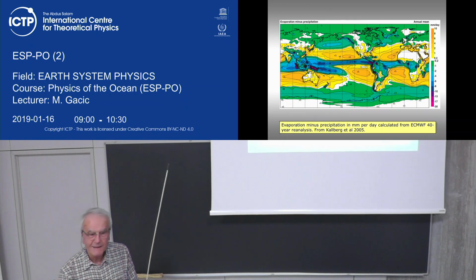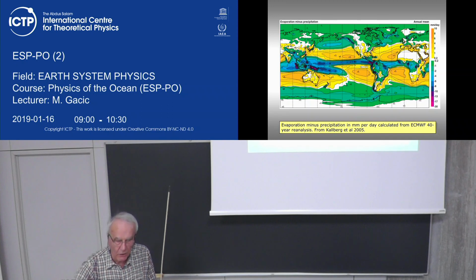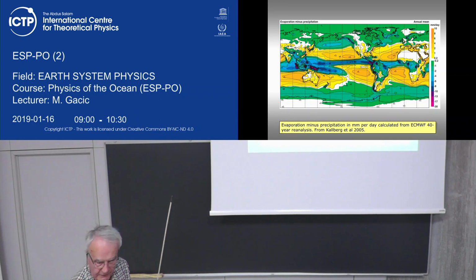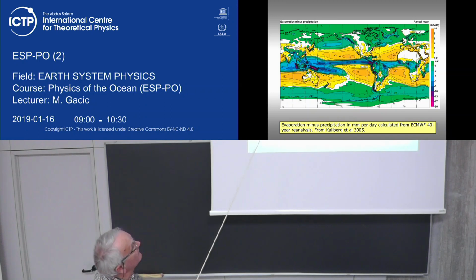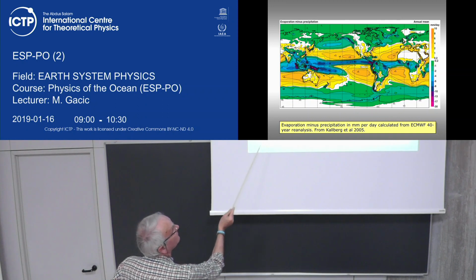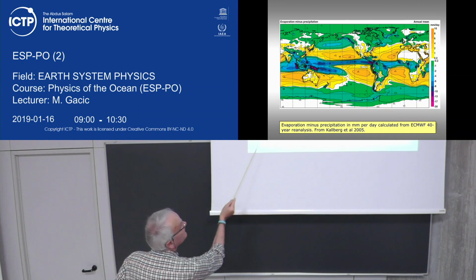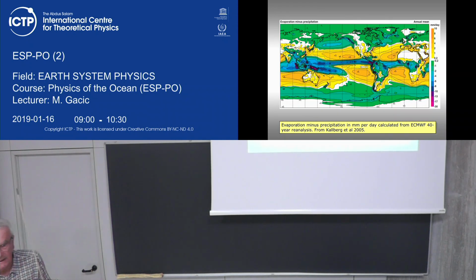The salty water doesn't depend directly on evaporation minus precipitation, but also on the horizontal transport. So maybe, I'm saying maybe, there is horizontal transport of salty water into this area, which is more important than the evaporation minus precipitation.